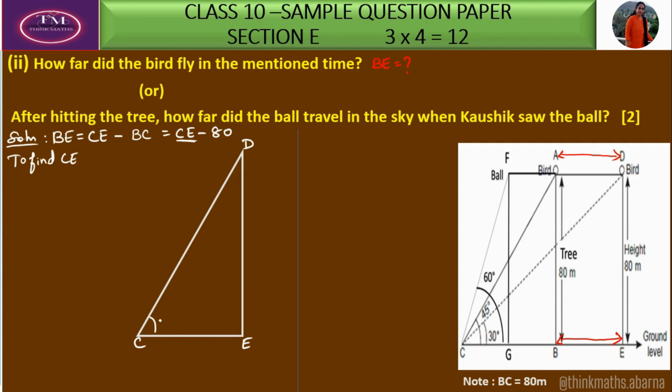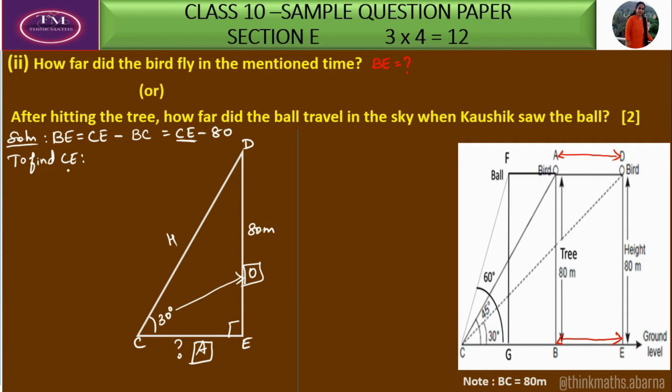So this angle is 30 degree and DE will be same as AB, which is 80 meter. What we have to find out? We have to find out CE. So this is the opposite side and 90 degree. So hypotenuse, and this will be the adjacent side. So we have to find out the adjacent side. We know the opposite side. In the same way, this matches for tan.